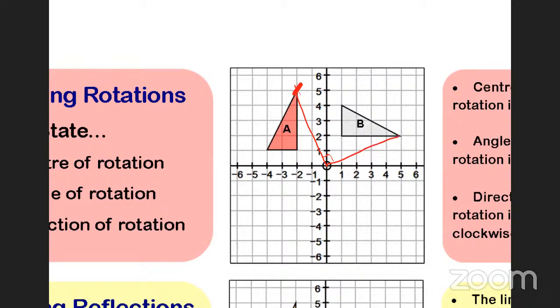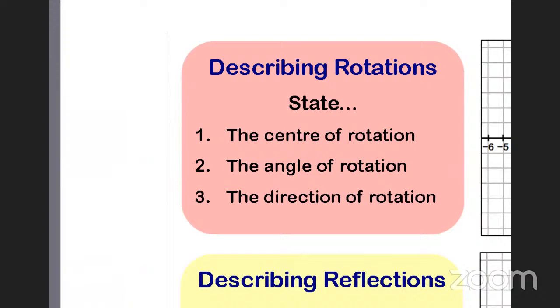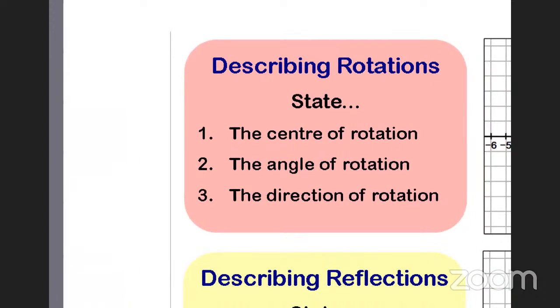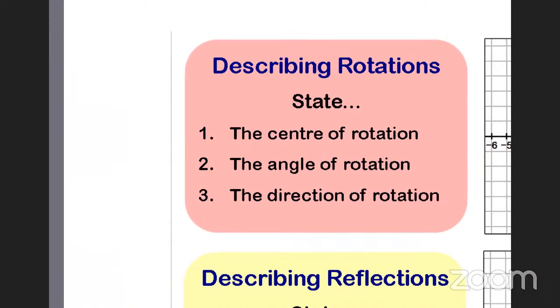If the point is (-2, 5), your answer should be some variation of -2 and 5, like (5, 2), something like that. If you get 4.9, something is wrong. If you get 4.5, 7.3, something is wrong. Probably measured wrong. And last one, so please remember the three things for rotation: center, angle, direction.